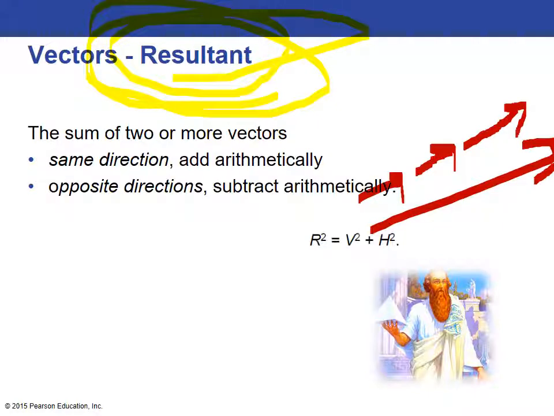If they are going opposite directions, I'll give this a different color here. So if we've got one going this way and one going this way, but they're going the opposite direction, then you look at the difference. And that's exactly what we just had in the previous example. You subtract one from the other, the amount that's different is the resultant vector, and it's going in that direction.